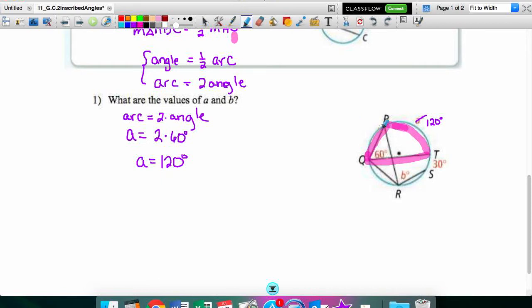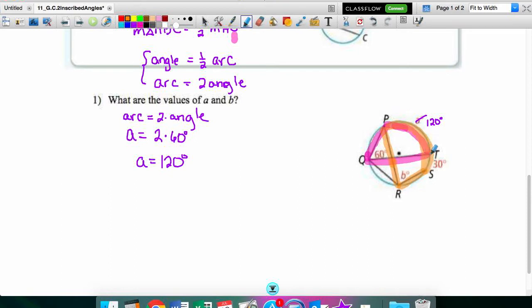So b is an inscribed angle. Looks like it is the angle PRS. And when I look at PRS, it is associated with the intercepted arc of PS or PTS. So it's this entire arc right here.